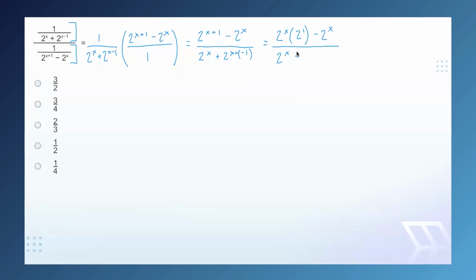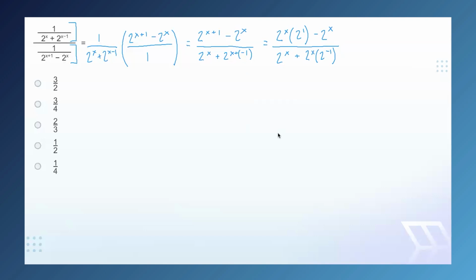And this is going to allow me to apply my product rule in reverse again for 2 to the x times 2 to the -1. Now, you absolutely don't need to do this. You can use the quotient rule in reverse instead, and you will get the same answer. This is just a little bit cleaner for the whiteboarding process.